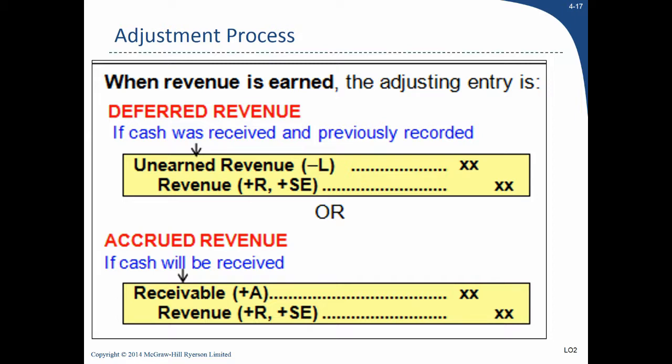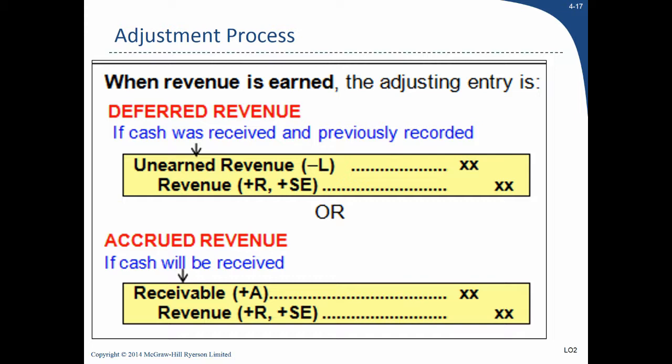This is just a recap of last week, but it'll give you a refresher for why we're making these adjustments. So remember that deferred revenue, if cash was received and previously recorded, and then we recognize a revenue, okay, when we received the cash, the entry was debit cash, credit unearned revenue or deferred revenue.